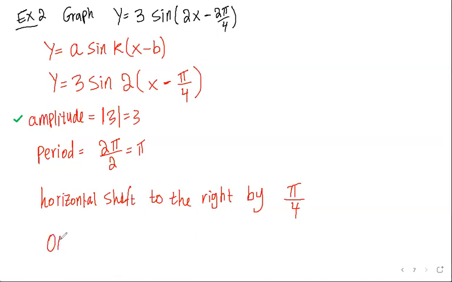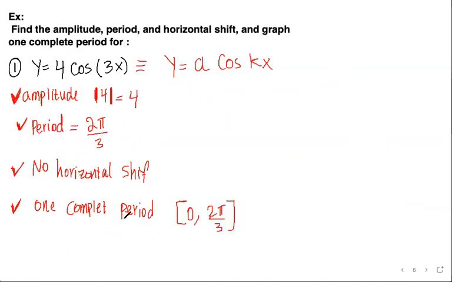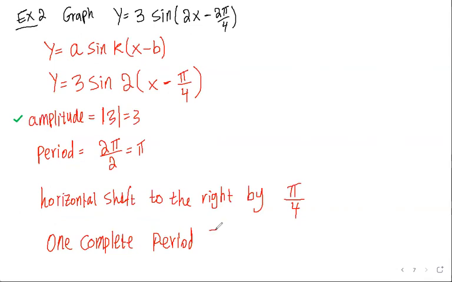And the last one is one complete period. The one complete period is from b, which is pi over 4, to pi over 4 plus the period. The period is pi.